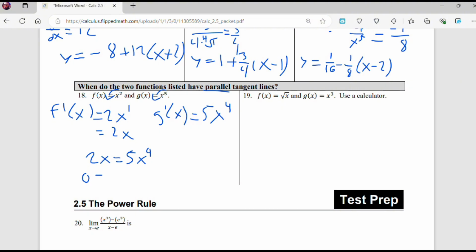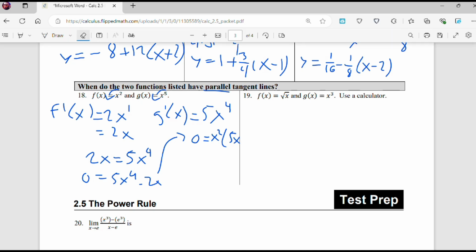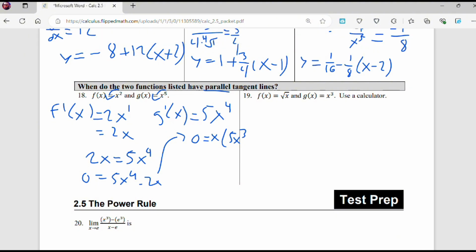So 2x equals 5x to the fourth. Bring them to one side. 5x to the fourth minus 2x. 0 equals x, factoring out x, so that makes this 5x cubed minus 2.